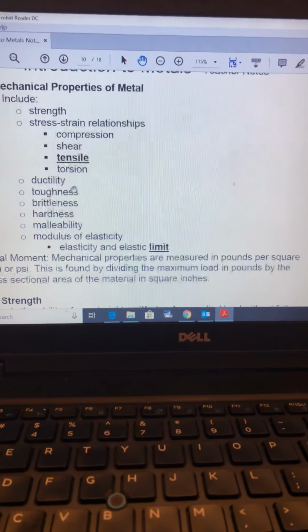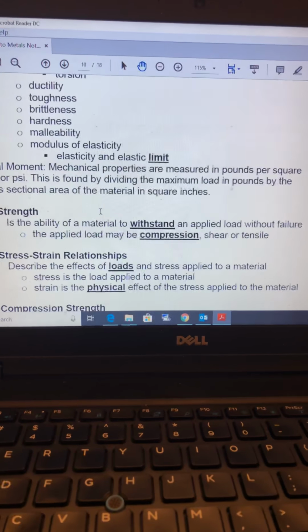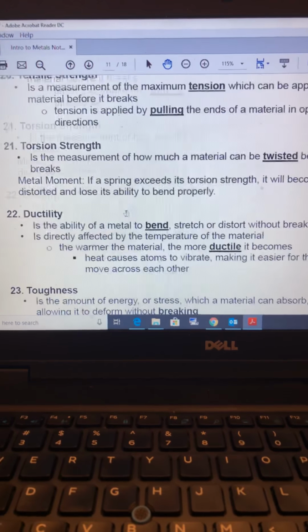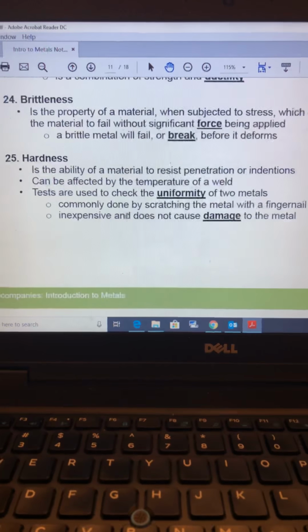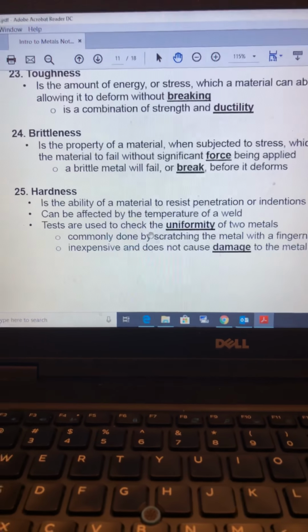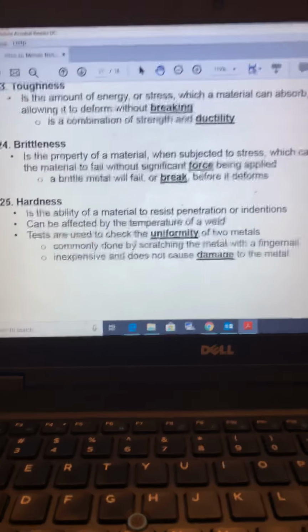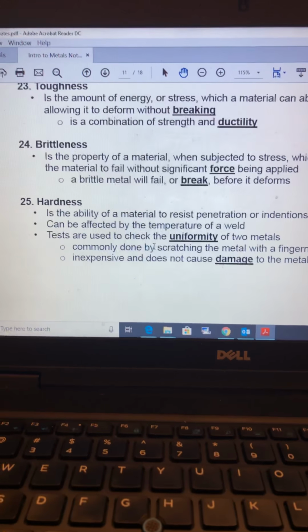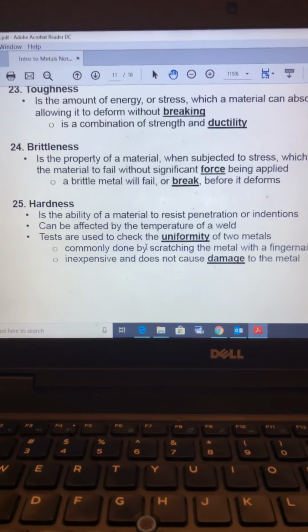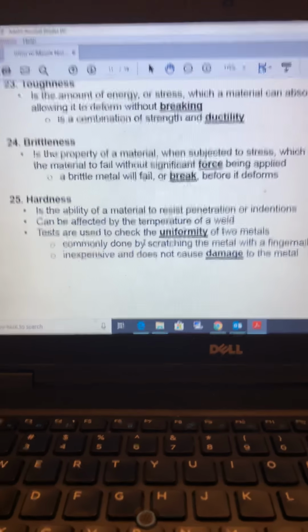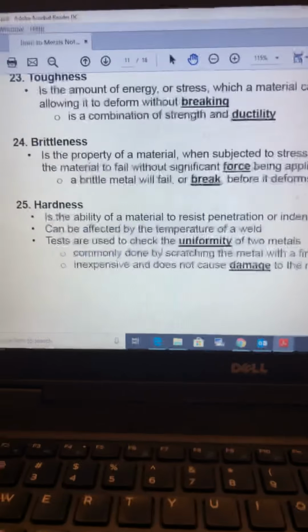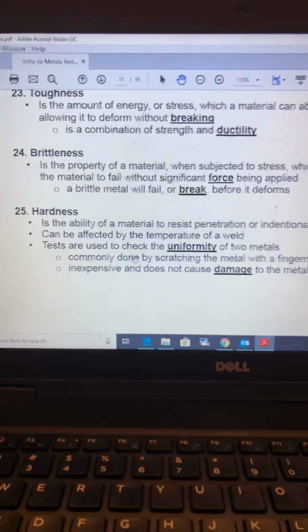Corrosion, alloys, mechanical properties. Some of these are in your Quizlet because it's basically vocabulary: torsion strength, ductility, toughness, brittleness, hardness. There's a test that we do in welding inspection called a Brinell hardness test, where you take a little round ball and punch it onto the metal, and you can gauge the indentation and find out how hard that metal is.